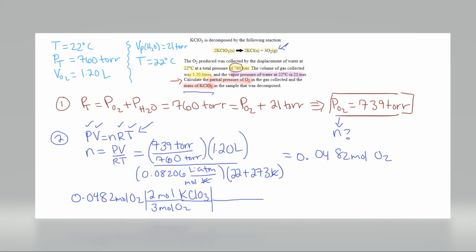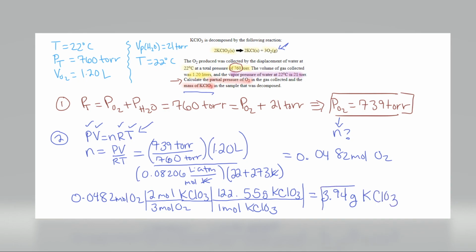So molar mass: for every 1 mole of potassium chlorate, we would add up all the atoms, and I ended up getting 122.55 grams of potassium chlorate. And in the end, I got 3.94 grams. So that is your answer for part 2.